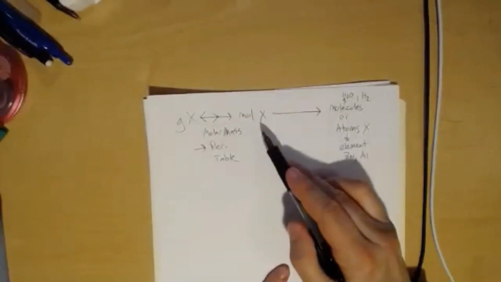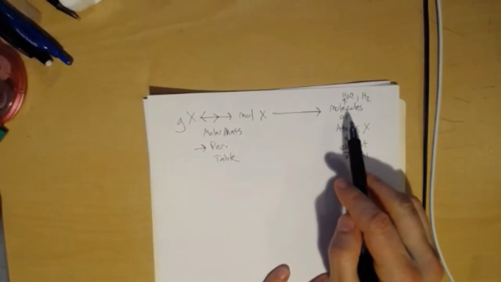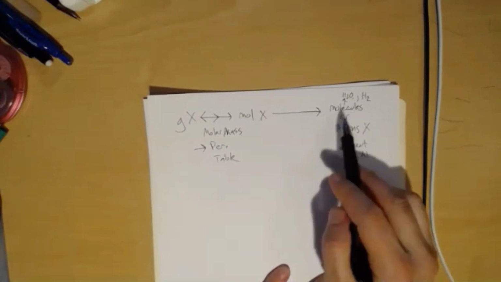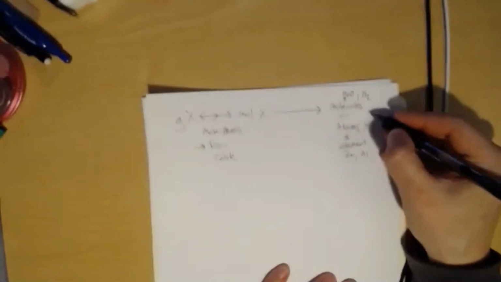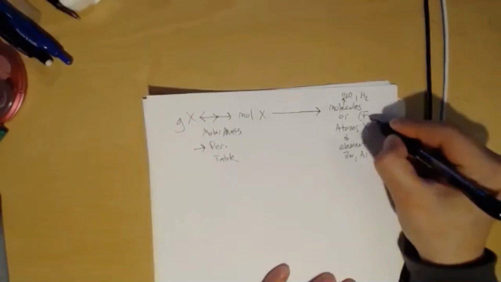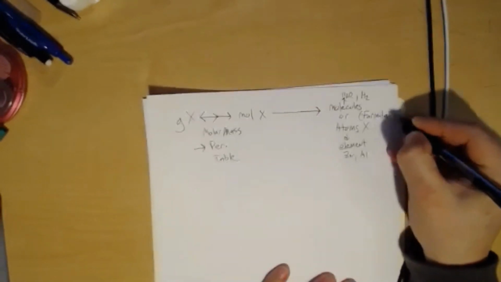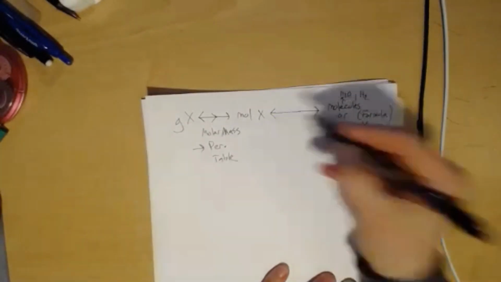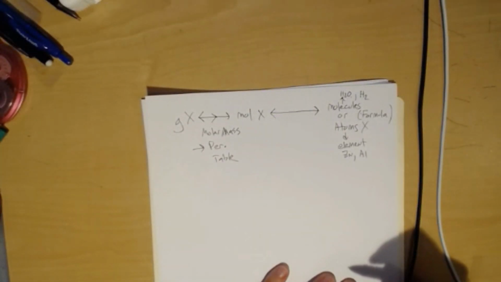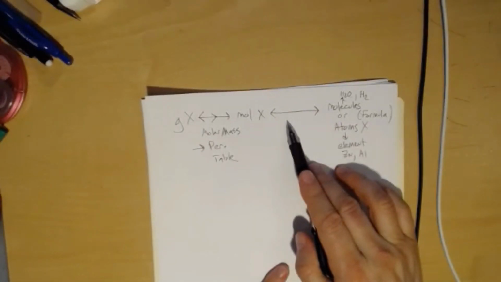And then we can also go from moles of something to its formula. So basically, whether it's molecules or atoms, I guess it's always the formula, right? And we can also go from number of molecules or atoms to moles. What's the conversion for that one? Does anybody know?